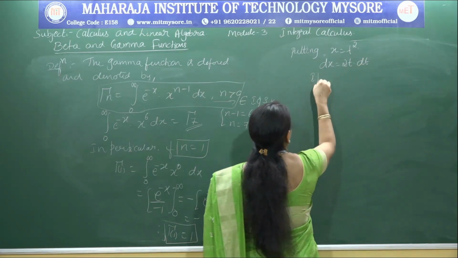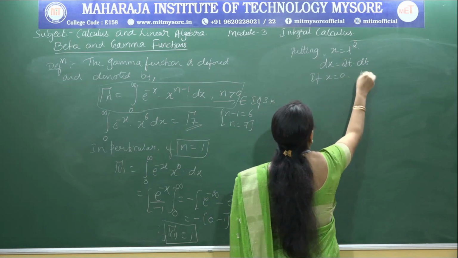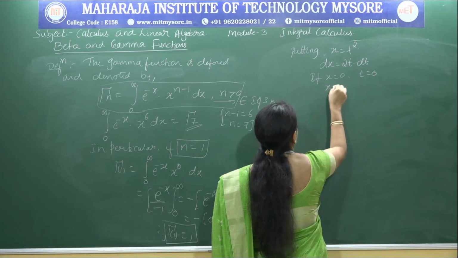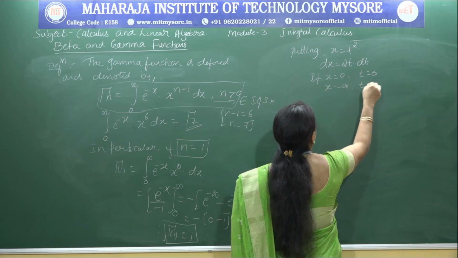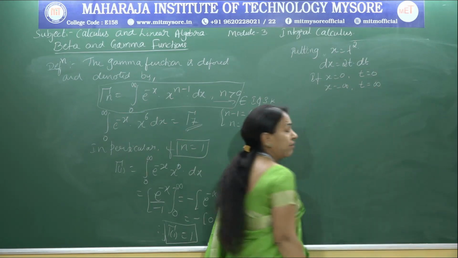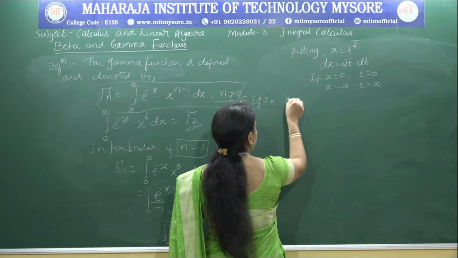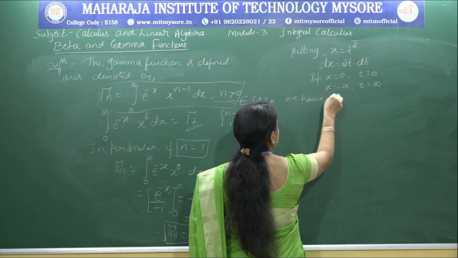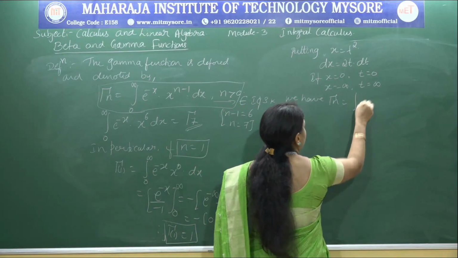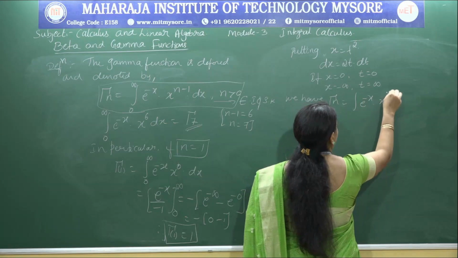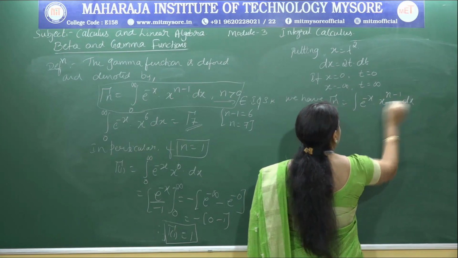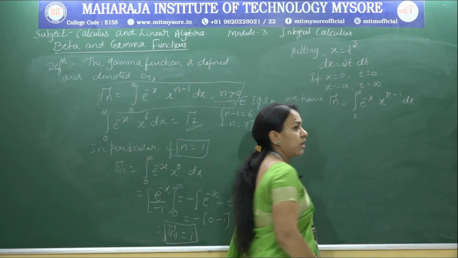Of course, we have to change the limit. If x is 0, t is 0, and the upper limit of x is infinity, so t is also infinity. So, what do we have? We have gamma n is equal to integral e power minus x into x power n minus 1 dx between the limit 0 to infinity.